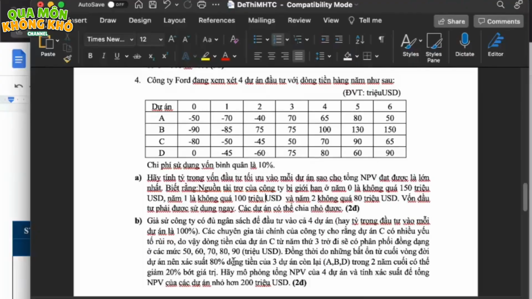and calculate the probability that makes an NPV less than $200 million. Okay, so you need to copy the information about the cash flow of the 4 projects here, and then you calculate the NPV of the 4 projects.